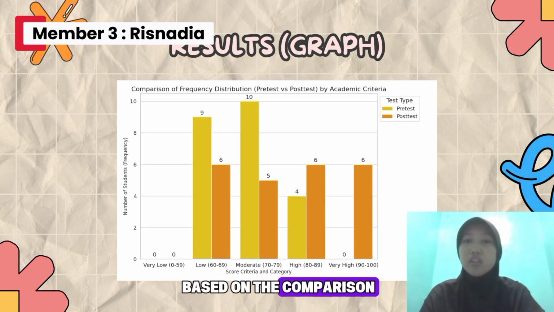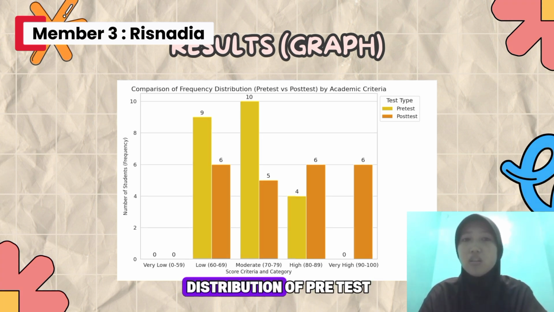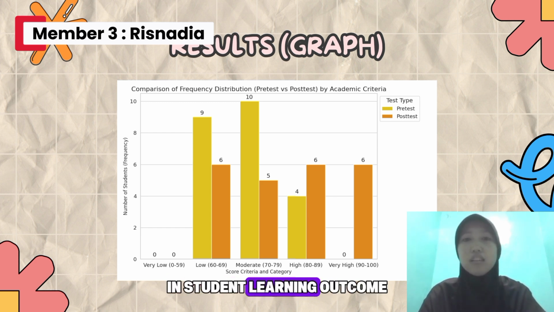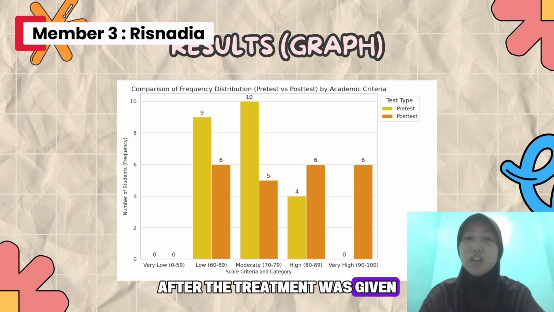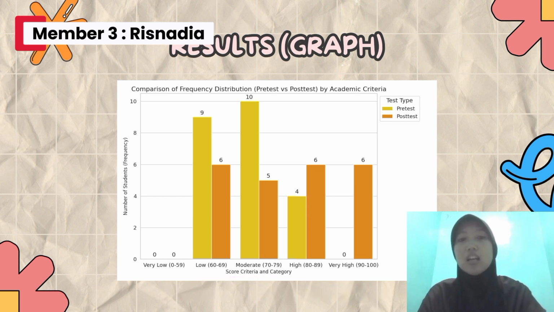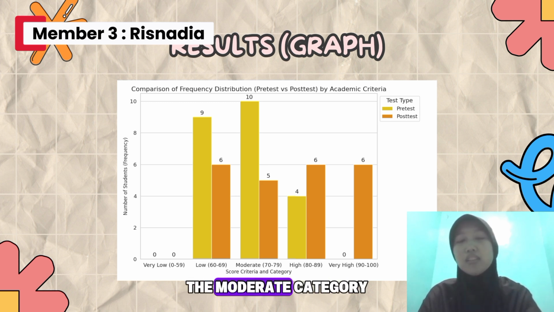Based on the comparison graph of the frequency distribution of pretest and post-test scores, it can be seen that there was an increase in student learning outcomes after the treatment was given. In the pretest stage, the majority of students were in the low and medium score categories, namely 9 students in the low category, 60 to 69, and 10 students in the moderate category, 70 to 79.